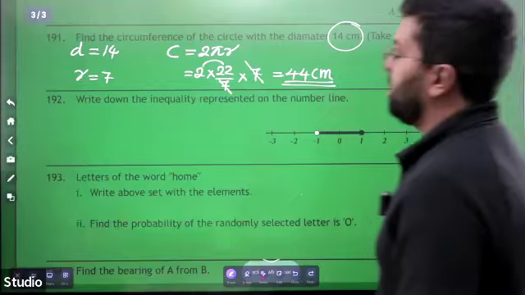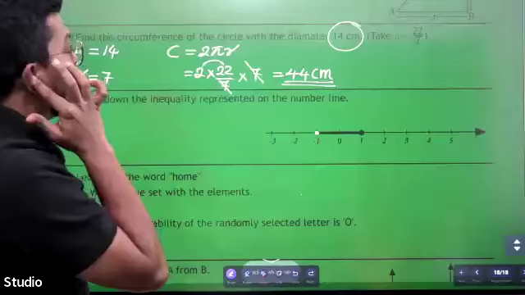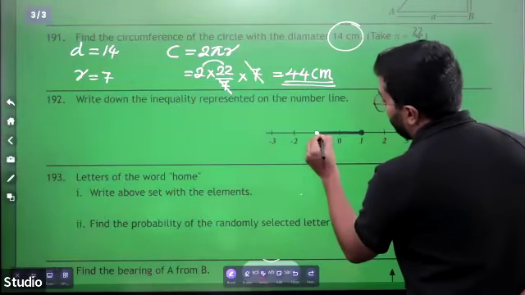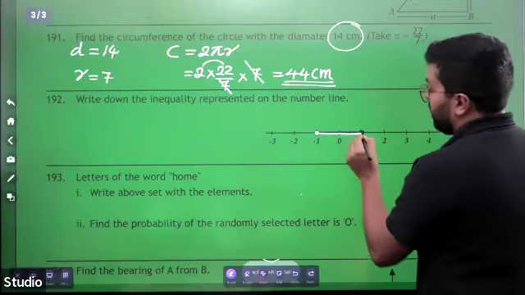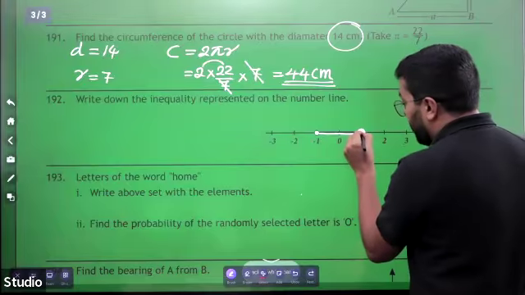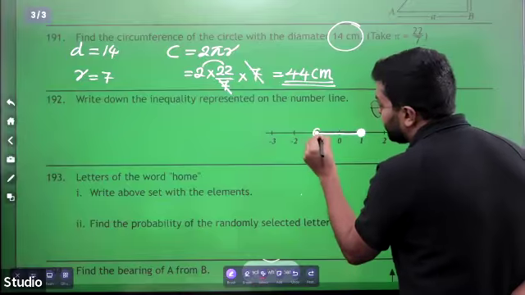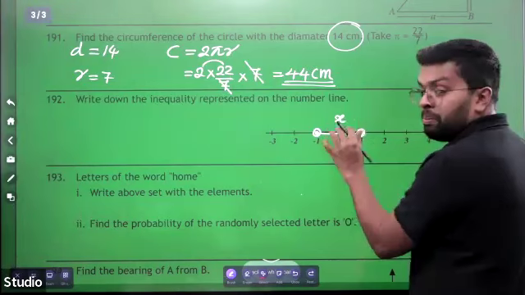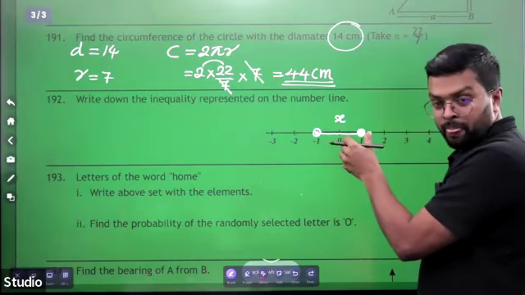Okay. 92, write down the inequality represented on the number line. So the shaded part is here to here. This circle is shaded and this circle is not shaded. So we have a value in between. Let's represent that value as x.